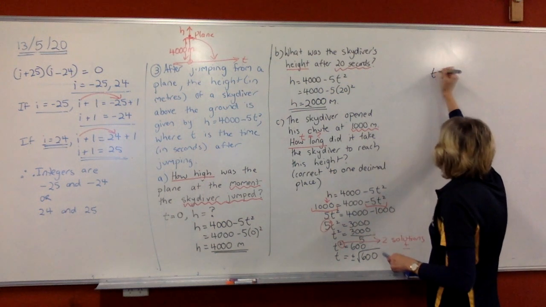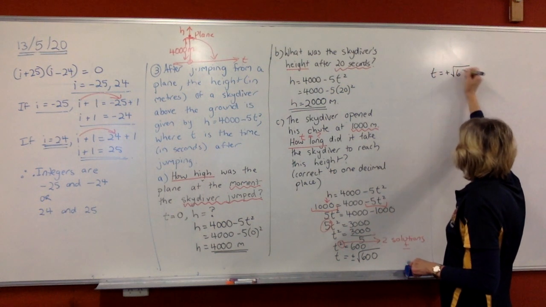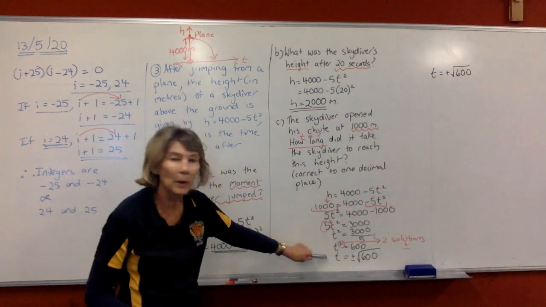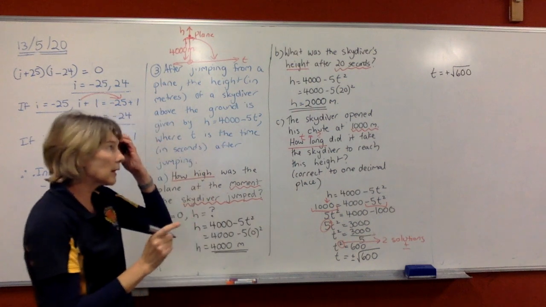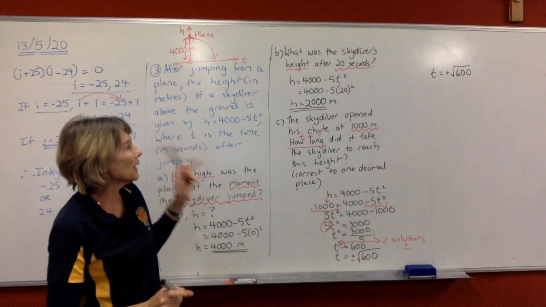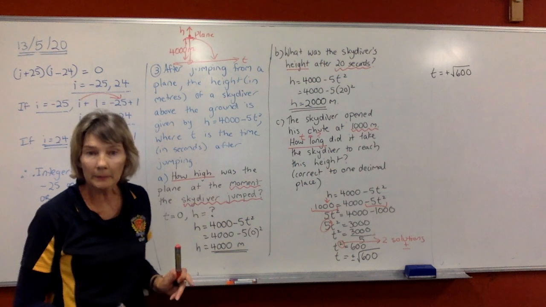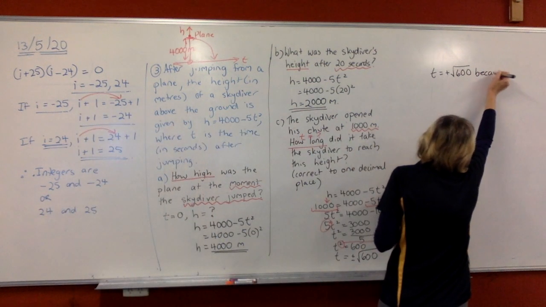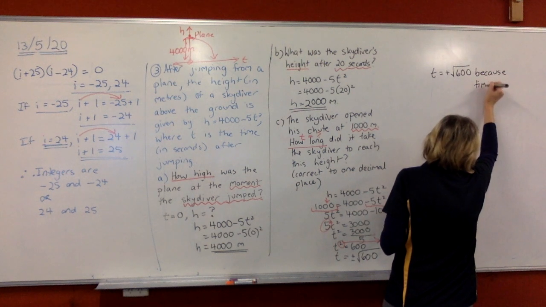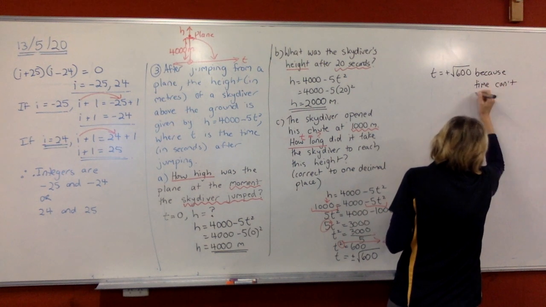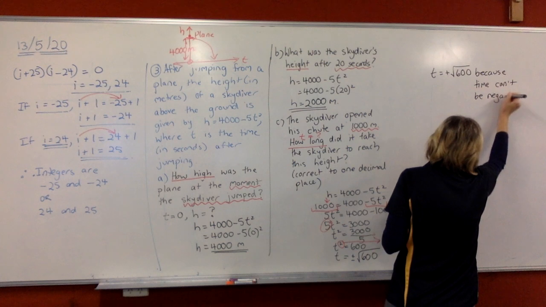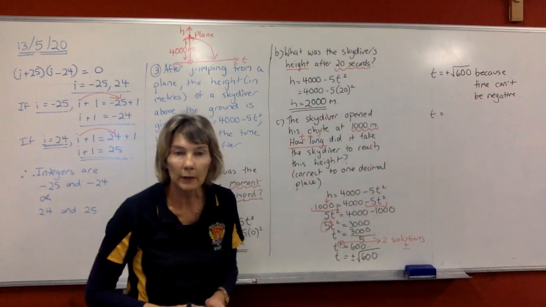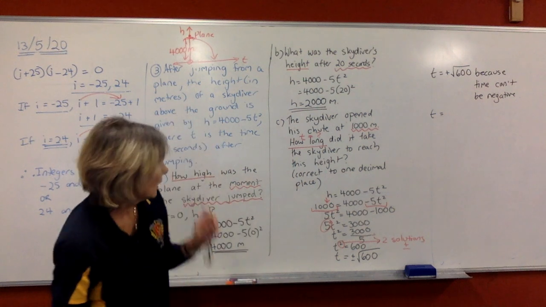We're going to write t equals positive root 600. I'm getting rid of the negative answer. So you should actually give both answers to start with. Now we're going to get rid of the negative answer because the t represented time, and time can't be negative. So all we have to do now is use your calculator to get the root of 600, and it will be a decimal.